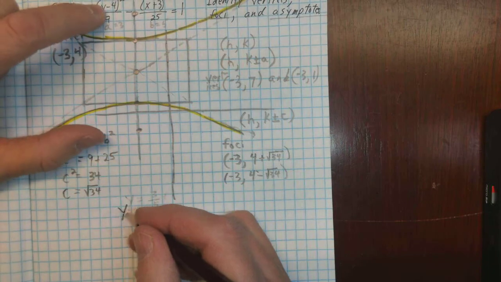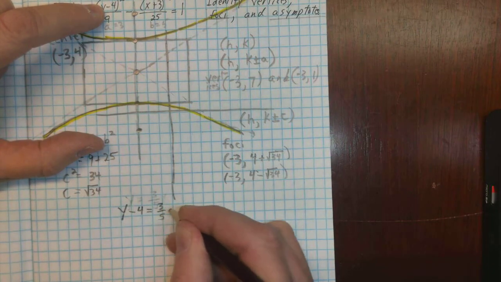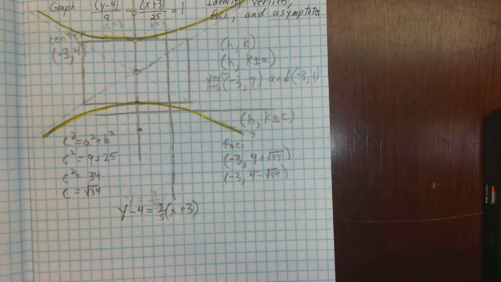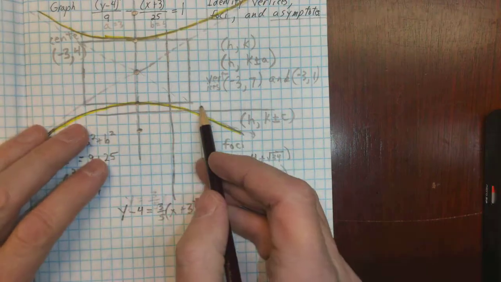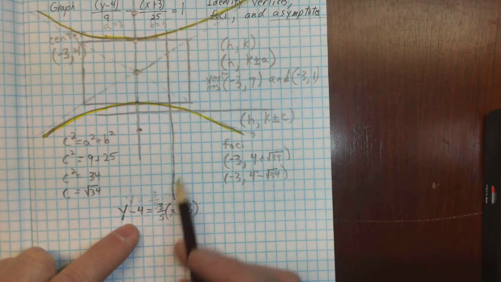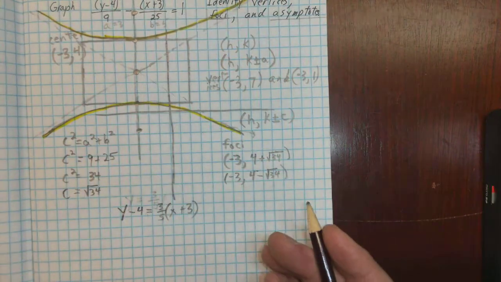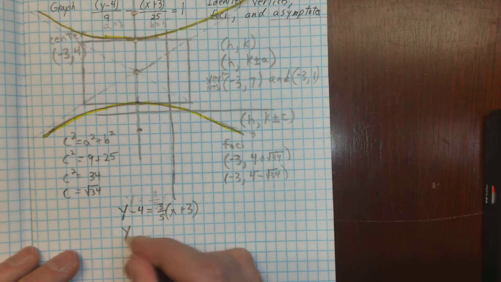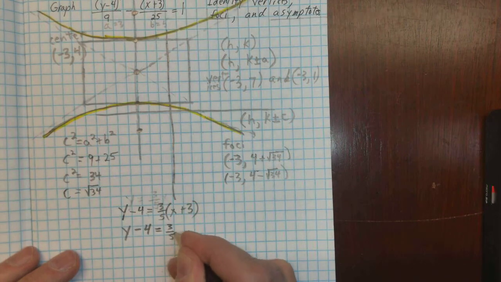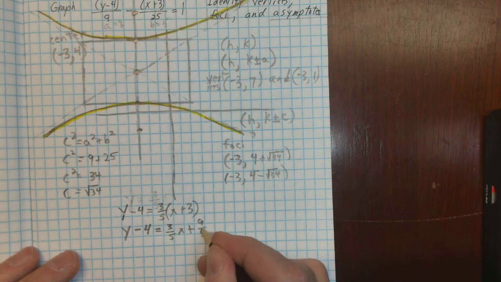Let's do y minus 4 equals 3/5 times x plus 3. I'm just shifting it 4 units up and 3 units left, and then I've got this. So I'll rewrite that as y minus 4 equals 3/5 x plus 9/5.